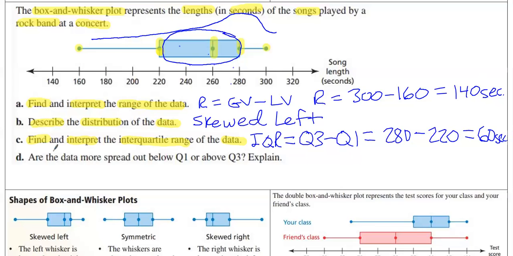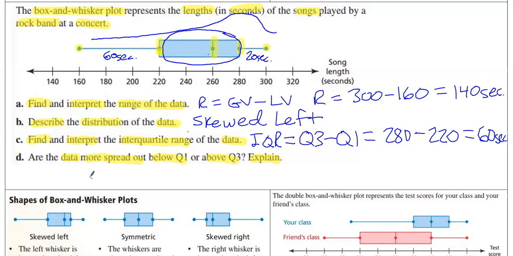Are the data more spread out below Q1 or above Q3, and explain? And below Q1's from 220 to 160, how far is that? That's going to be 60 seconds. And above Q3, that's 300 to 280, that's 20 seconds.